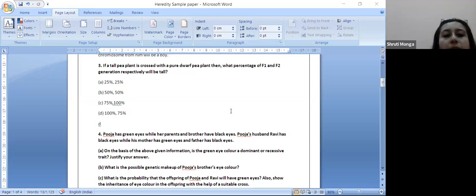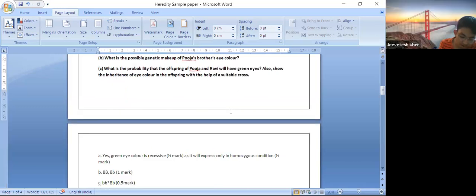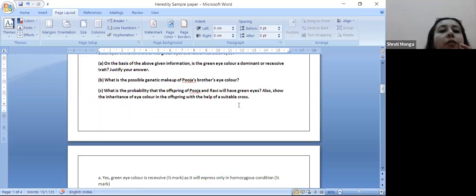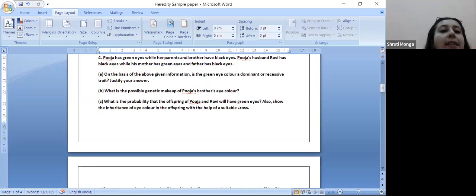So the green eye color is recessive as it will express only in the homozygous condition. When the question is, on the basis of the above information, is the green eye color a dominant or recessive trait? Pooja has green eyes while her parents and brother have black eyes.